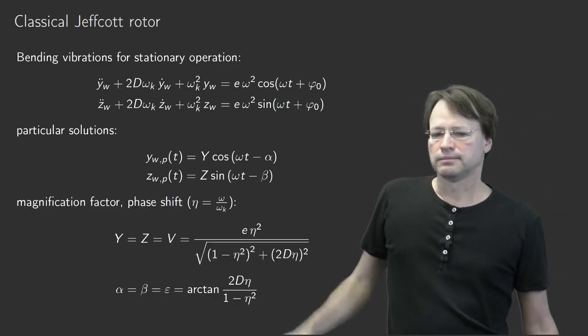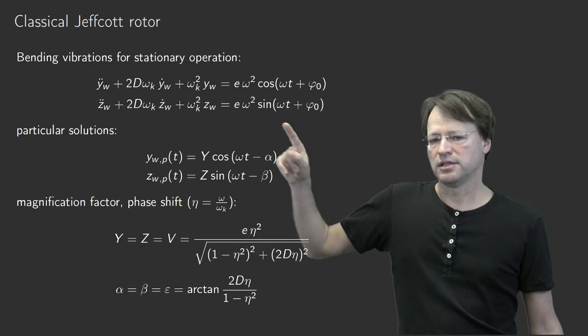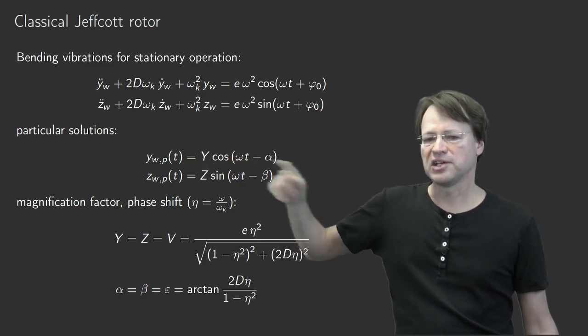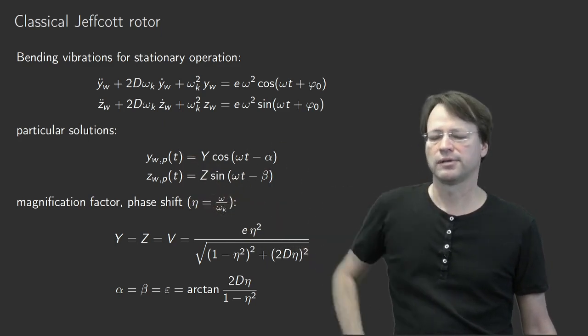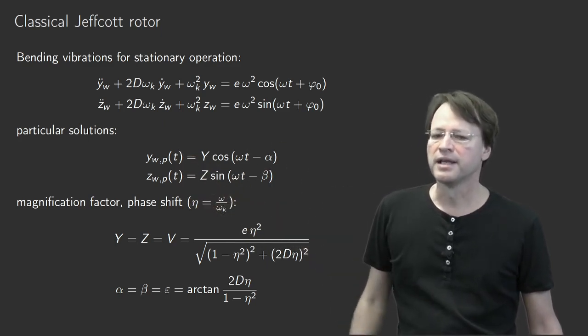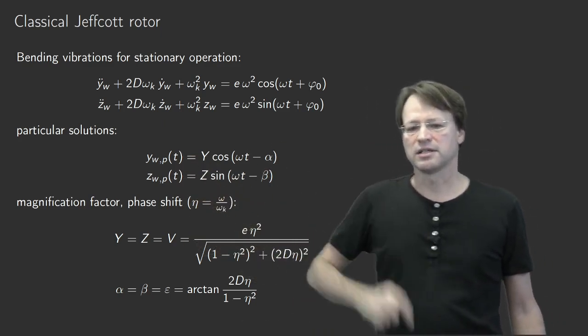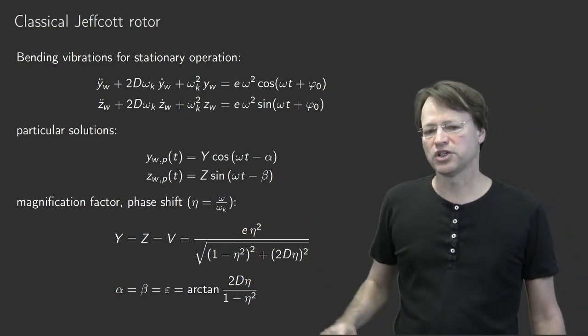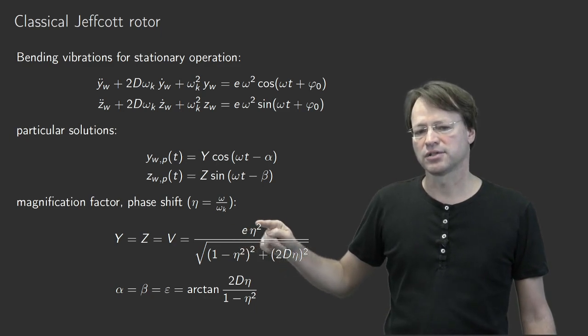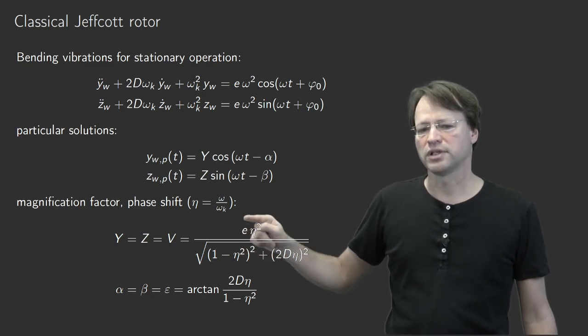So y and z, these two amplitudes introduced in the particular solution for the displacement in lateral and vertical direction of the point W, are then equal to the classical magnification factor. And that magnification factor, keep in mind, it's related to a rotating imbalance.